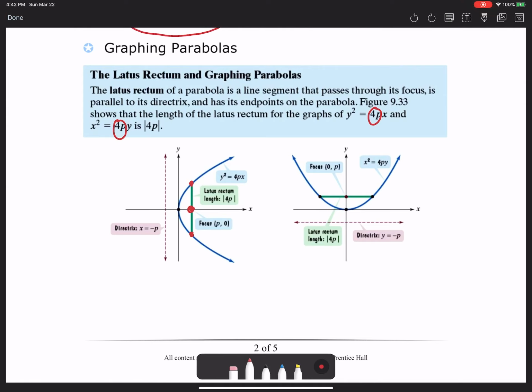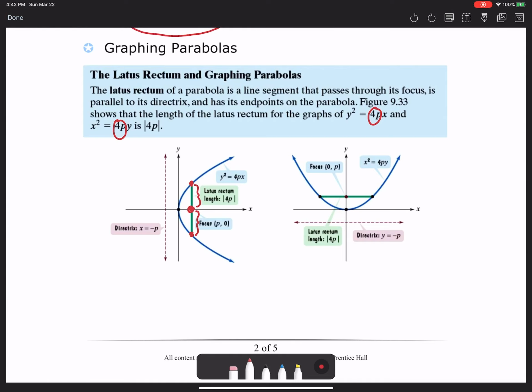The fact that this has a length 4p means that half of it has a length of 2p, and the other half of it has a length of 2p also. I could have written that to the left so that I wasn't writing on top of those other notes. All right, so that's the latus rectum.